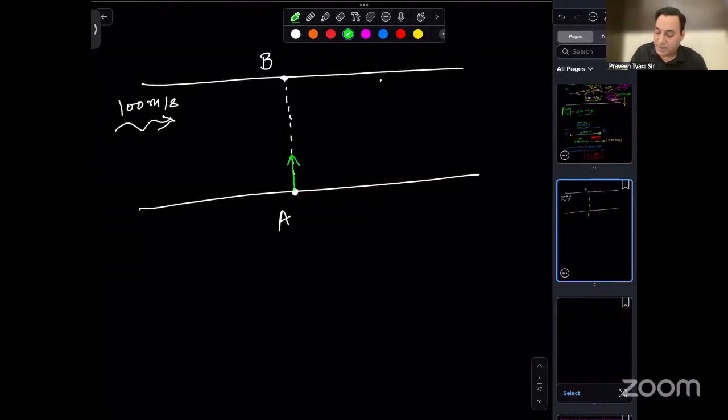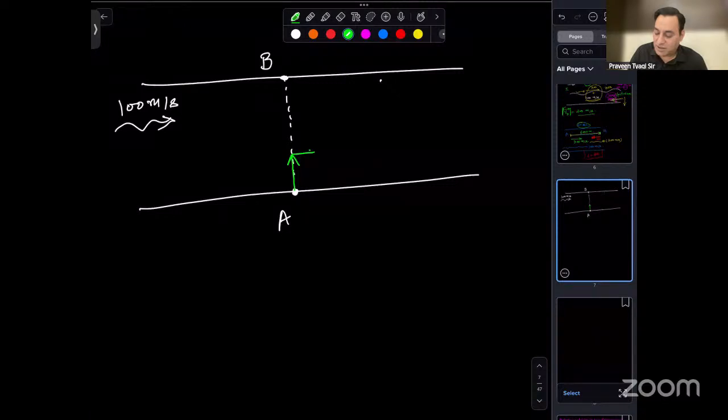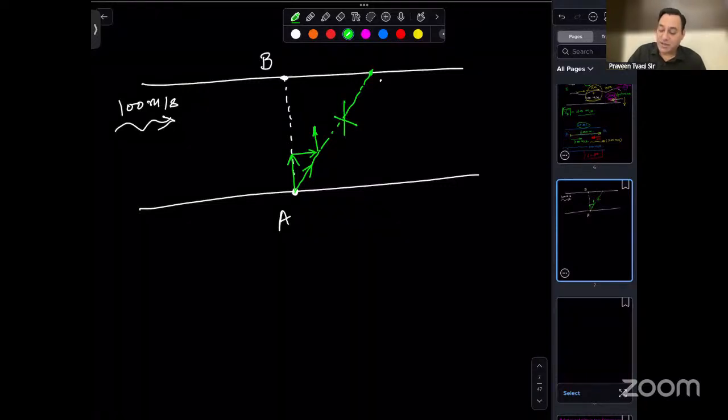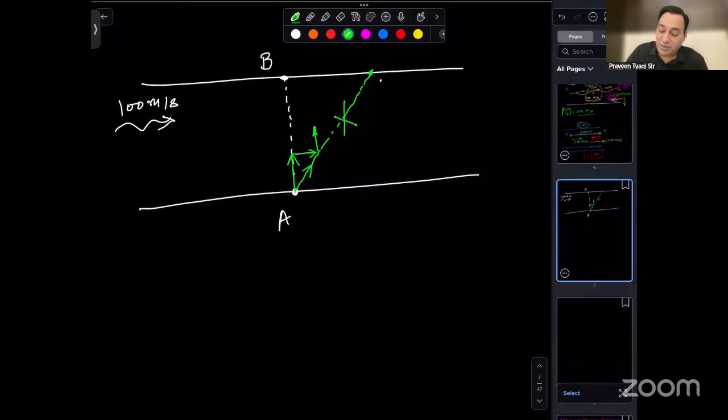The river will make it flow in this direction at 100 in 1 second. In 1 second, he will be moving at an angle like this. So if he tries to move perpendicular to the river to reach B, he is going to drift at an angle and end up reaching here. So this is not the correct way to cross the river and reach directly opposite B.